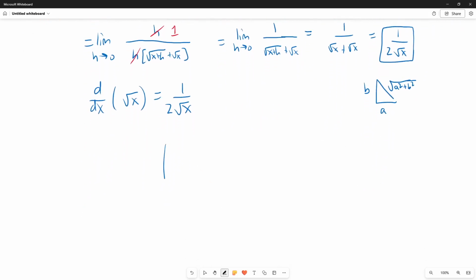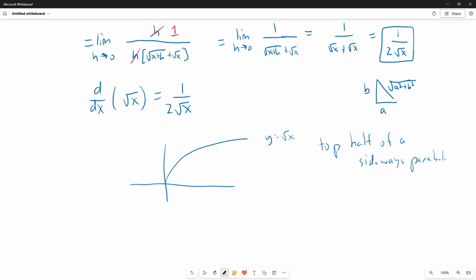Let's have a look at the graph of the square root function. Y equals the square root of x is the top half of a sideways parabola. That parabola being the parabola x equals y squared, which goes like that.